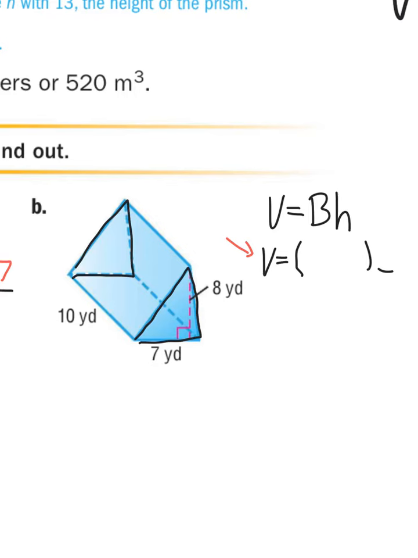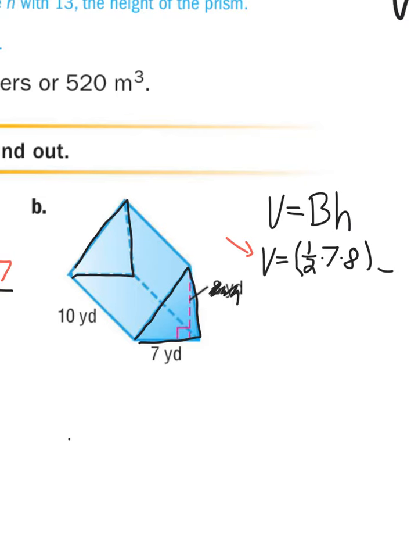All right, so let's see how you did. So for the triangle, it's half times the base of my triangle. It's going to be right here. And the height of my triangle is right here. So it's going to be half times 7 times 8. Now the height of the prism is, don't use this 8 as the height of the prism.